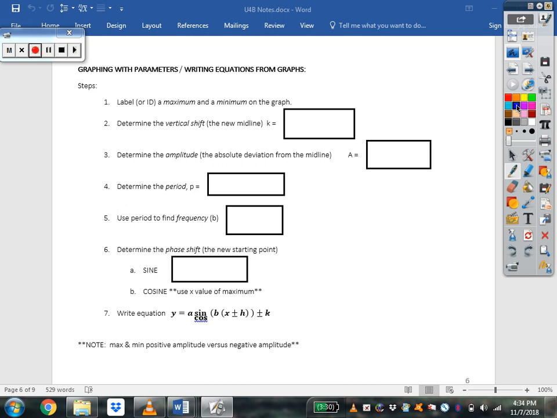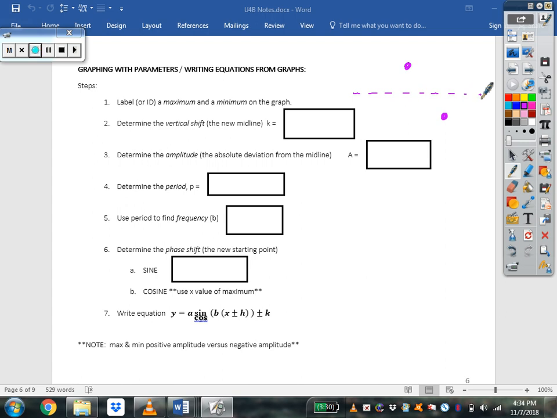So your next step, whenever you get these 2 points, is you want to determine your vertical shift, because that's your new midline. So if I have a maximum here and then a minimum here, for your vertical shift you want that average point here.